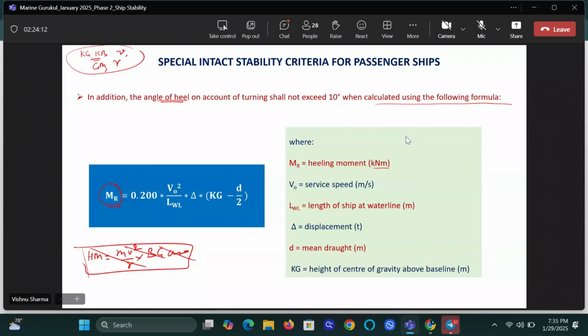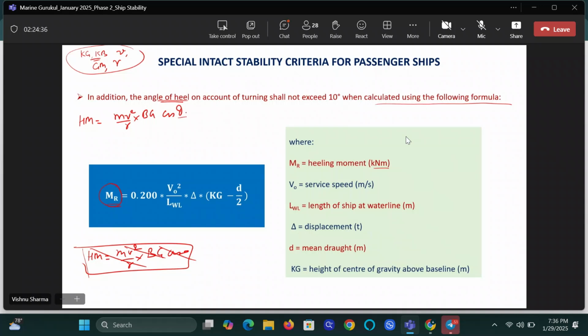But I'll tell you how this formula has been arrived at. It is not documented in the Code on Intact Stability, but I'll tell you. Our heeling moment was mv square upon r into bg cos theta. Now, in this, what have they done?